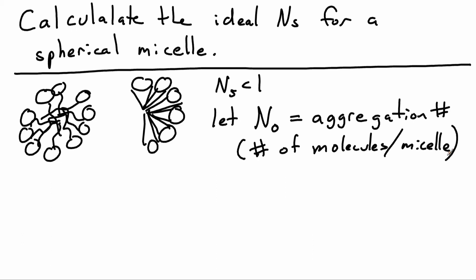Okay, so once we have this, we can look at the volume of the molecule and the surface area of the molecule in terms of N naught. So let's look at the sphere's area first.